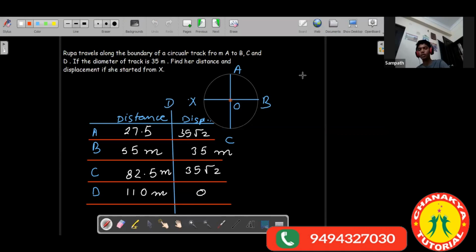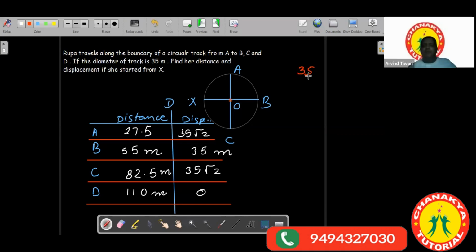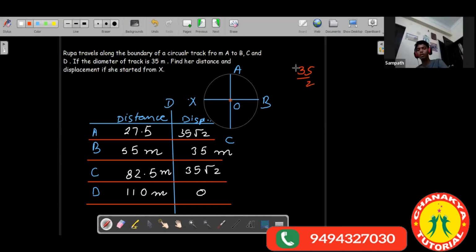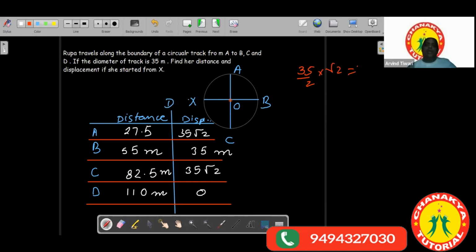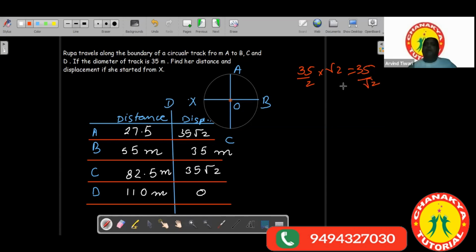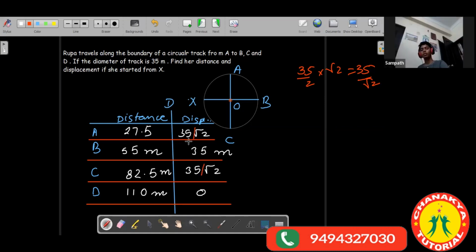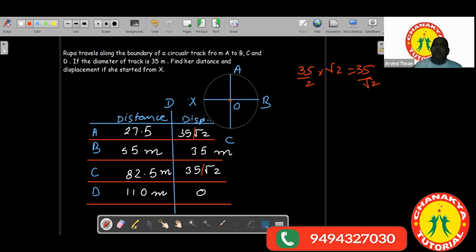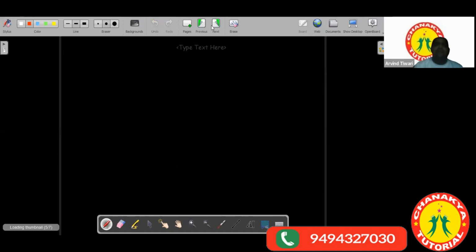You will be getting 35 by 2 multiplied by root 2, so you will get 35 over root 2. Okay, sir. You can write it as 35 over root 2. So this is what you are getting. Check it out, everyone.